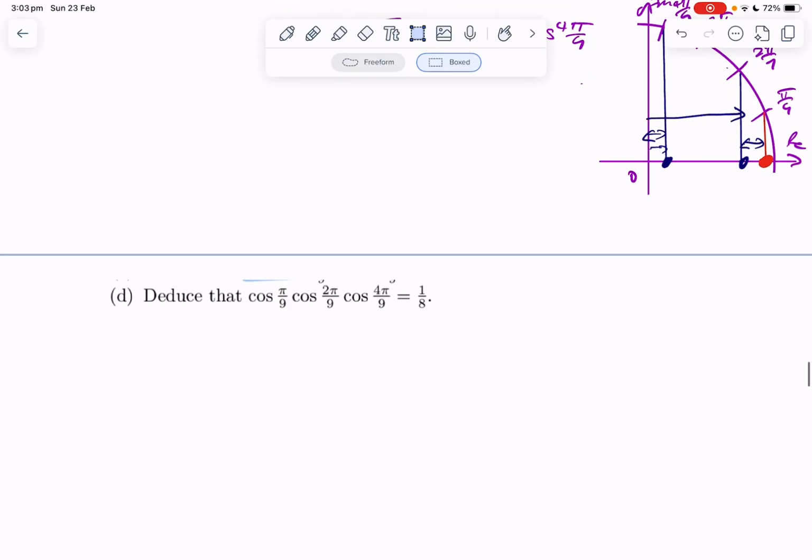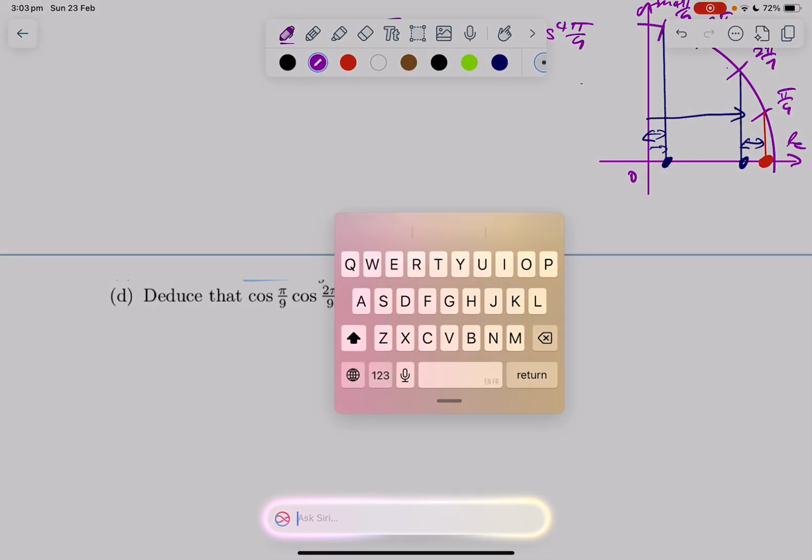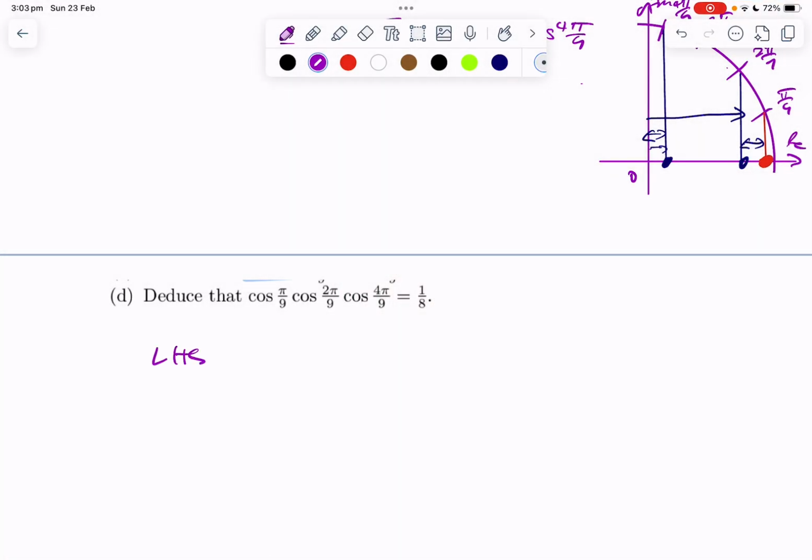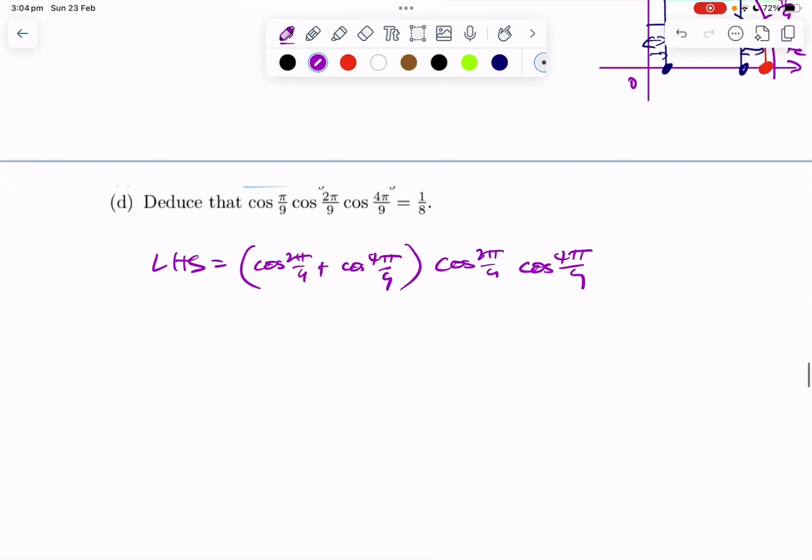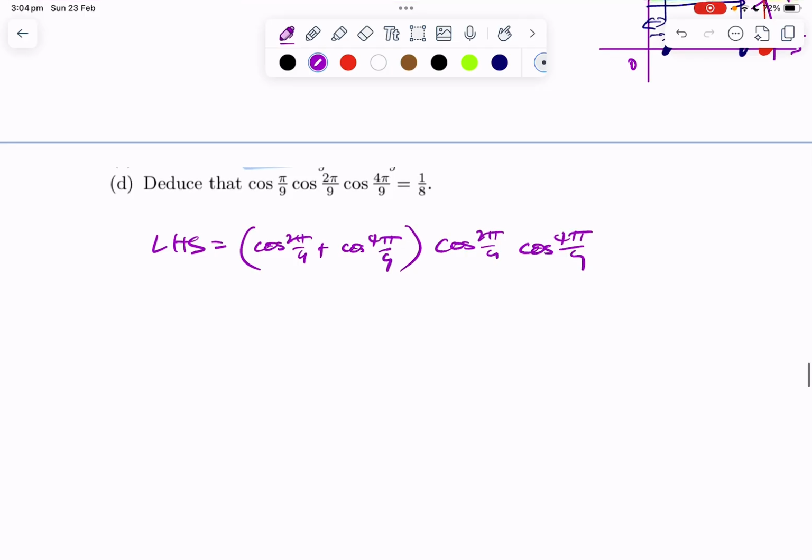I feel like, obviously, they've given you the first thing for a reason. So let's just say the left-hand side equals cos 2 pi on 9 plus cos 4 pi on 9 plus cos 8 pi on 9, from the first result. And then you've got to actually do a bit more work.